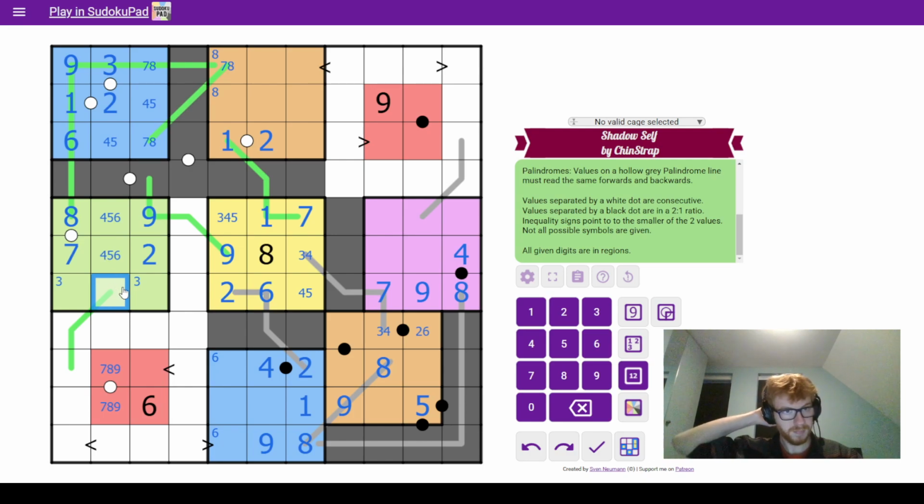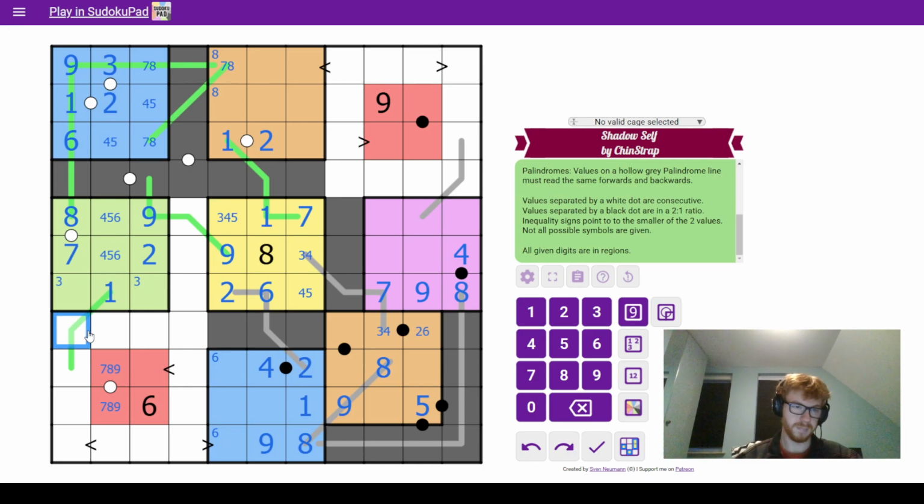1, and then 7, 8, and 9. Yeah. So this cannot be 7, 8, or 9, so it's a 1. Now this can be an 8, which is out, and this can be a 1, which is in again, but that's... So where does it get the other from?